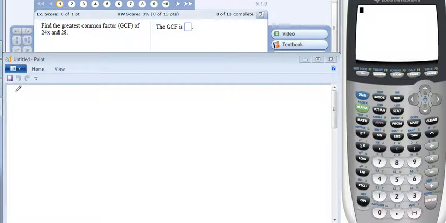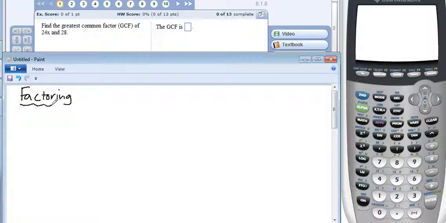So this first one, let's first of all just talk about what factoring really is. All right, let's just say that I had 2 times x squared plus 3x plus 7. Well, to simplify, I would be distributing this 2 in.